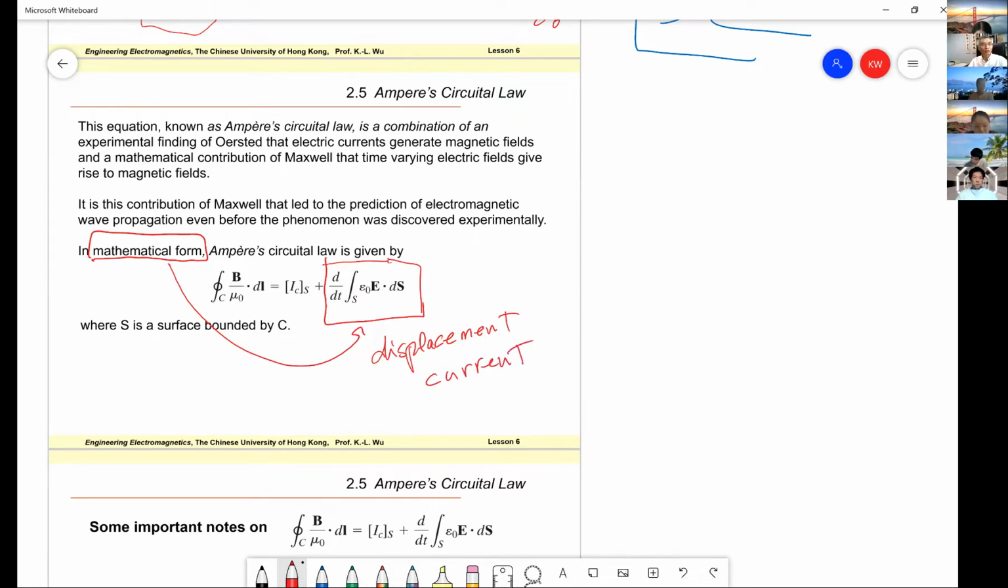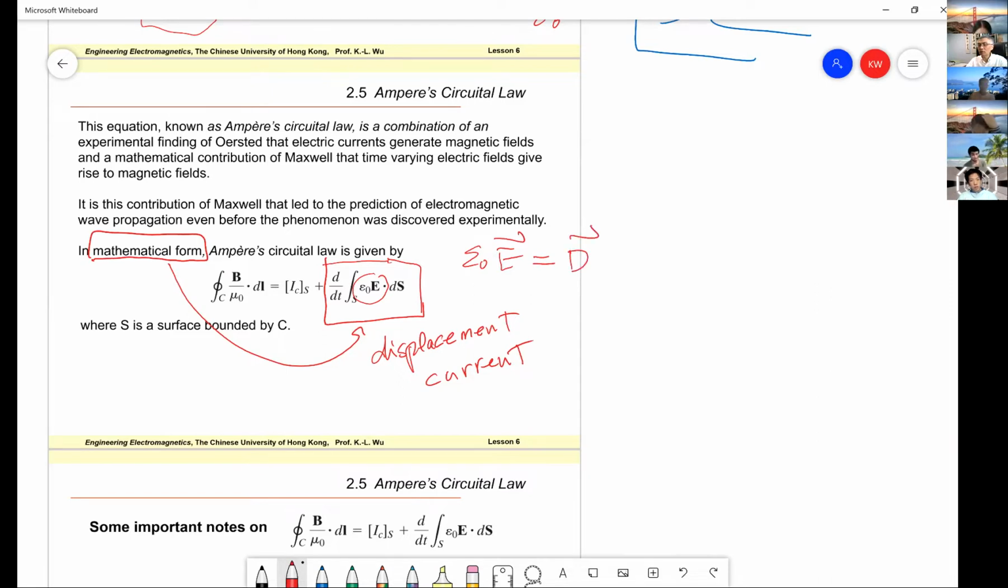This current looks very similar to Faraday's law. But you can see this is the electric field. You see, we also calculate the flux. But for this quantity, we define another name.